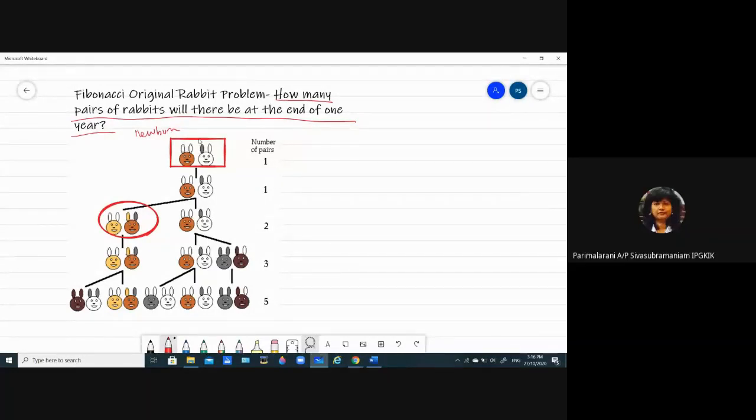Second month, beginning or end? End. Yeah, this should be the end of the second month. So at the end of the second month, we have the original pair of rabbits and they have reproduced. We have a new pair of rabbits here. So you calculate. At the end of 1 year, how many pairs of rabbits will there be?